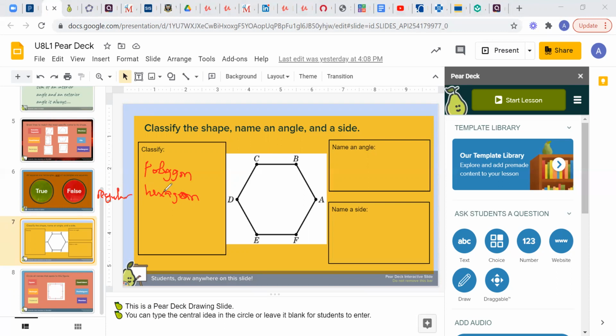So let us name one angle. Angela, can you name an angle here? The next box said, name an angle. How many angles do we have in a hexagon? 6, name them.